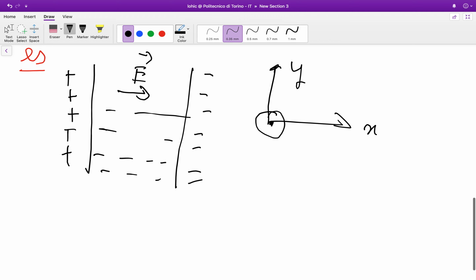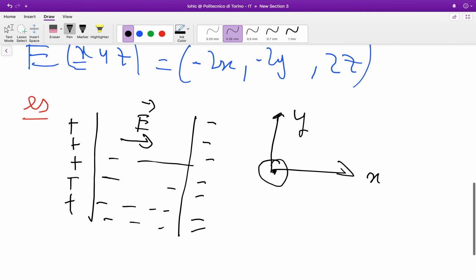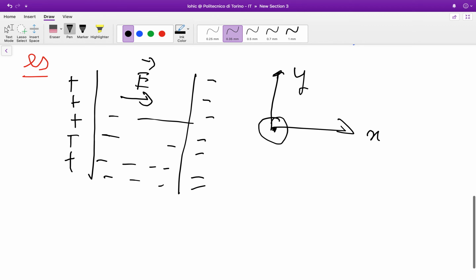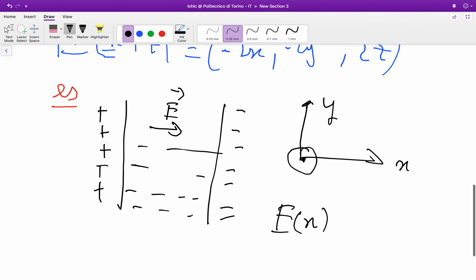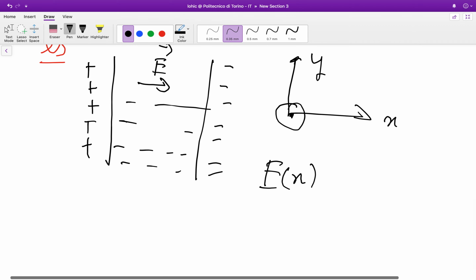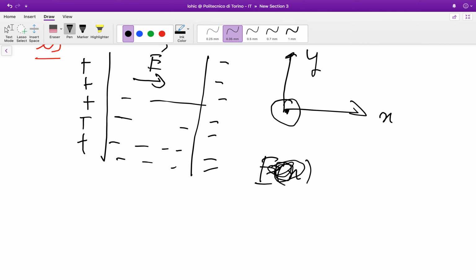In this case, you see that the field is constant. There is no direction in which the field changes. Whatever the point x, y, z, the field is always equal to what?